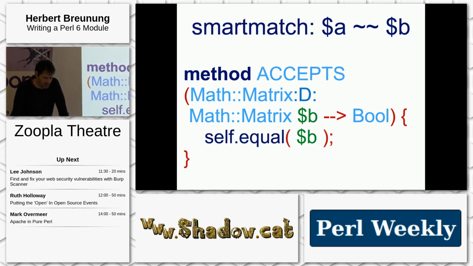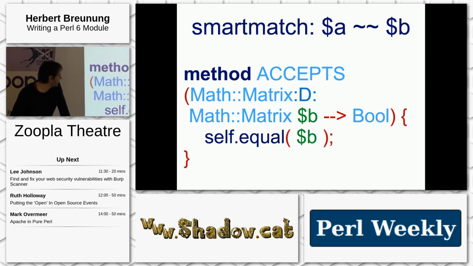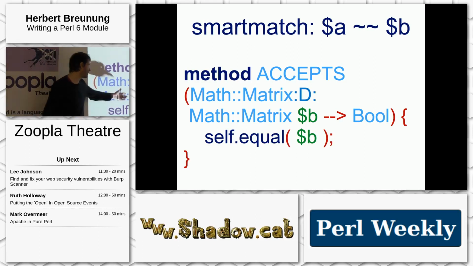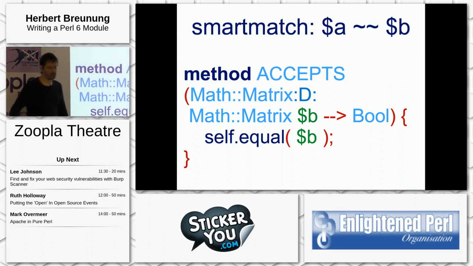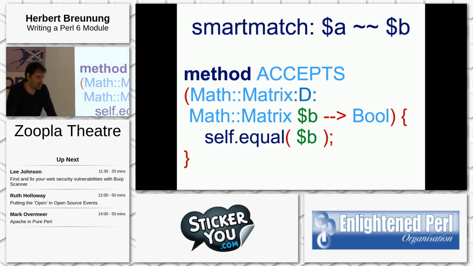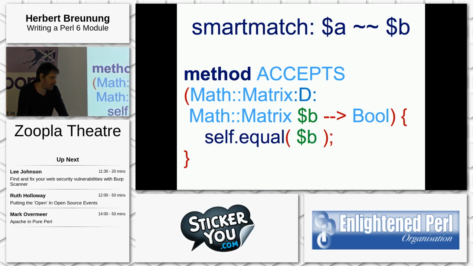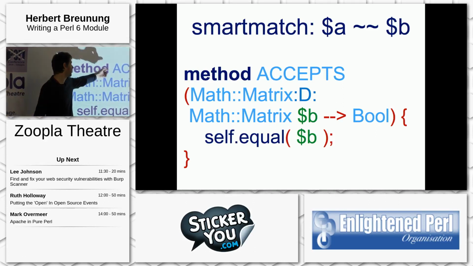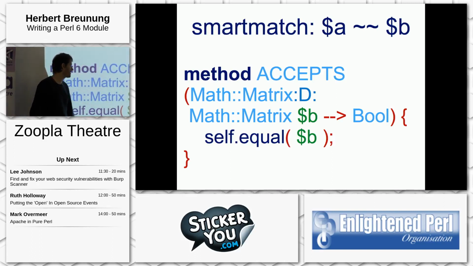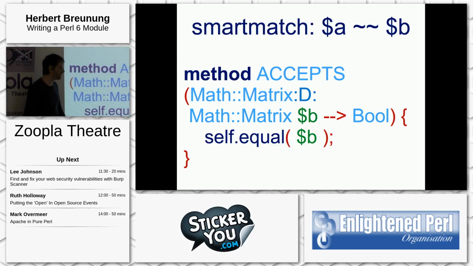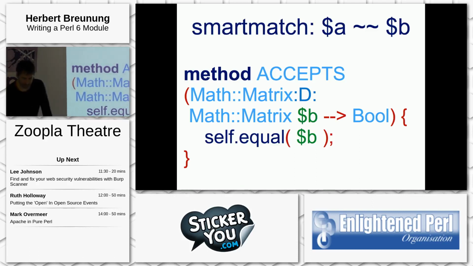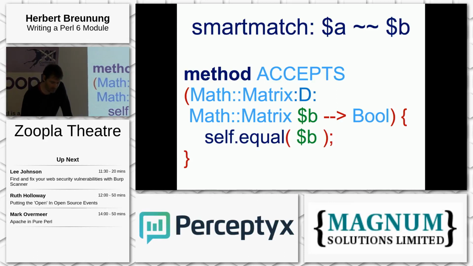And of course, you want to do accepts, which in my case also just refers to equals, because on numbers, smart matching just looks for equality. A 5 smart matched against 5 is true, and not against 3. And I kept it that way for matrices. So you can of course smart match matrices, and that's why you have to provide the accepts method. But like I said, it's just the same thing, just to care about conventions.